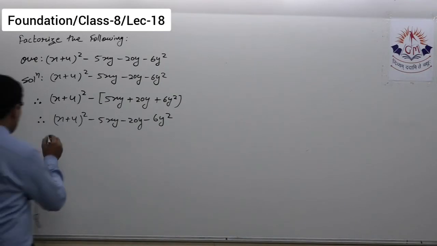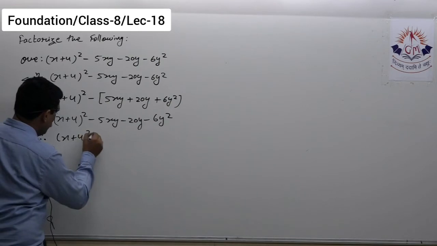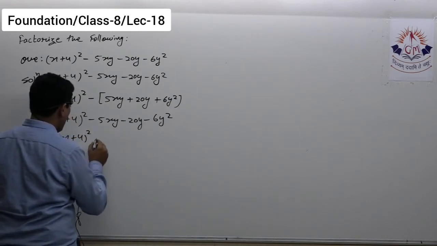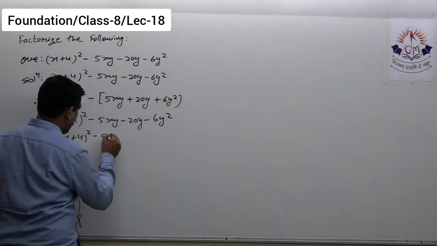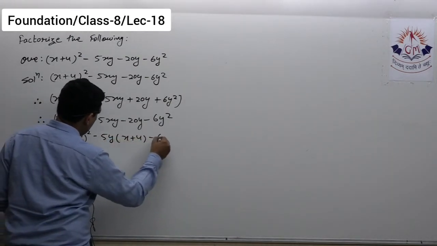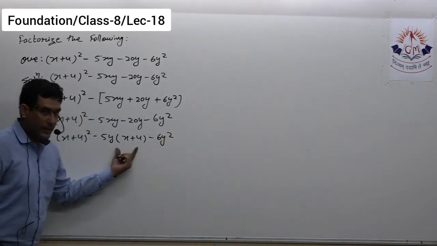Okay, so see, from the next two I can take minus 5y common, so here I will get x plus 4, minus 6y square, isn't it? Now here I have x plus 4, here again I have x plus 4.